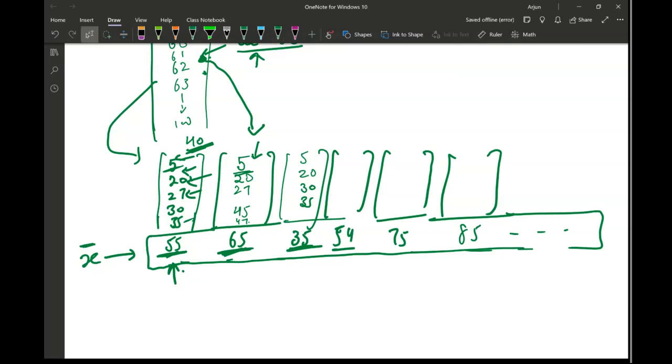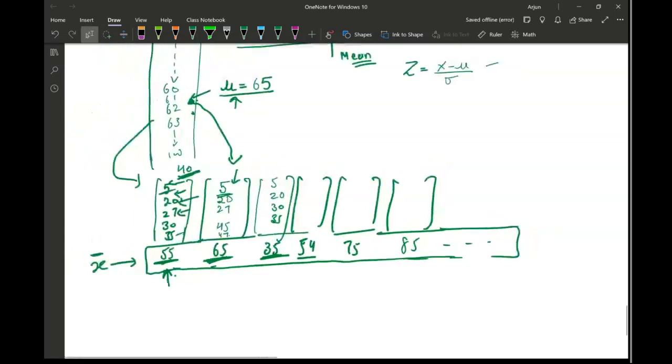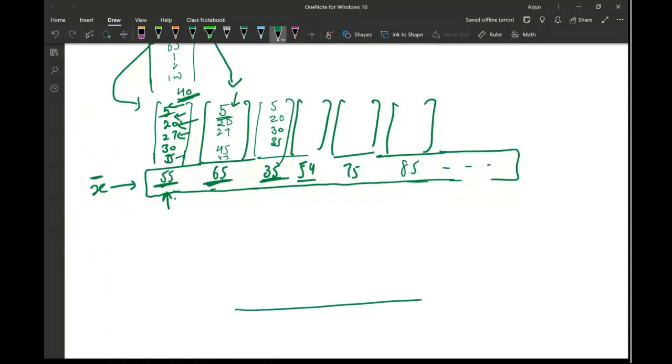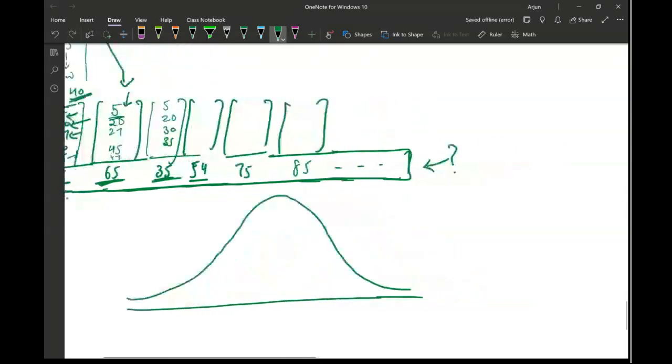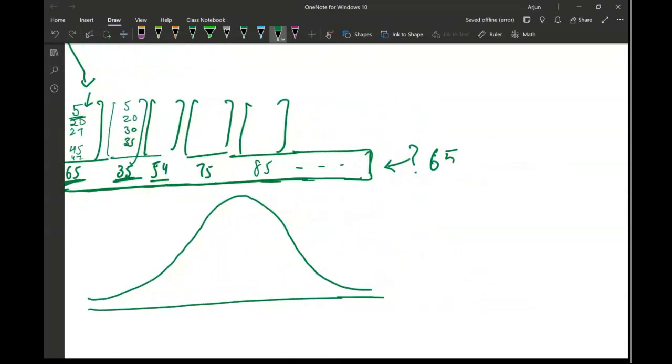Now, it has been observed that once you put the mean values under the normal distribution graph, you will find that the mean of the means, if I now take the mean of these means, that value will come approximately same as the mean of the actual population. So again, one more time, mean of the means.